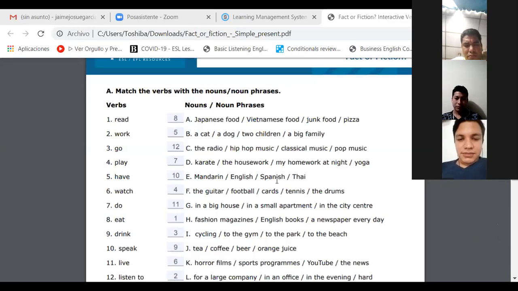Only 3 sentences. 1 false sentence, 2 true sentences.